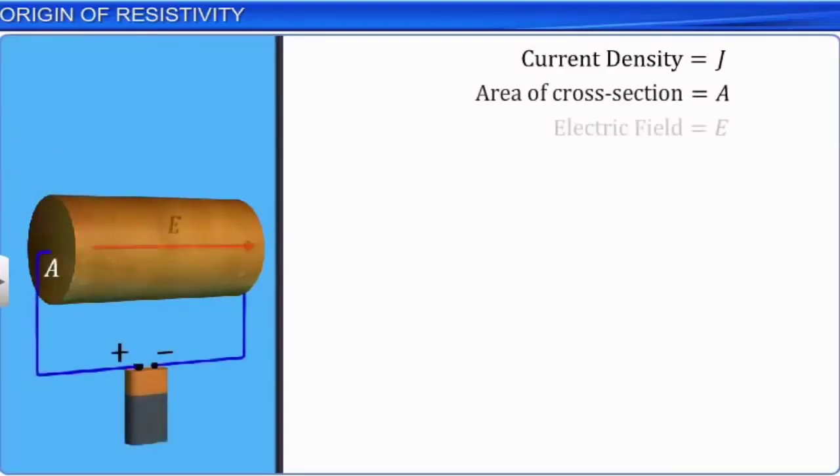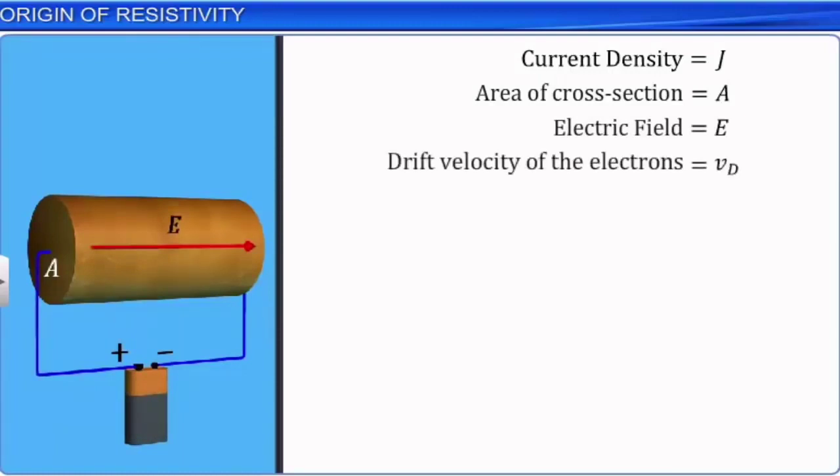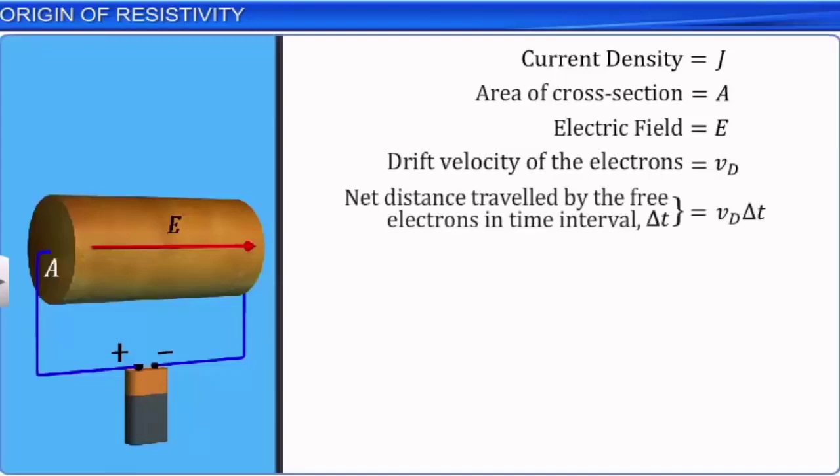Let E be the electric field due to the source. If Vd is the drift velocity of the conduction electrons in the conductor, then the net distance travelled by the free electrons in the conductor during the time interval delta t is equal to Vd delta t.